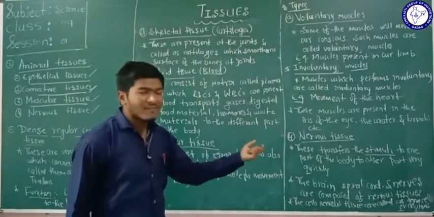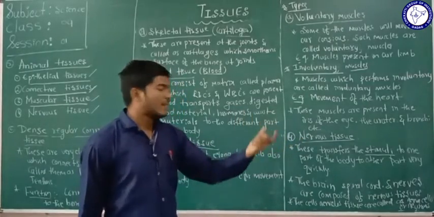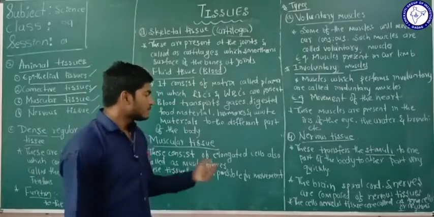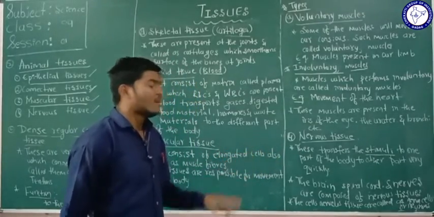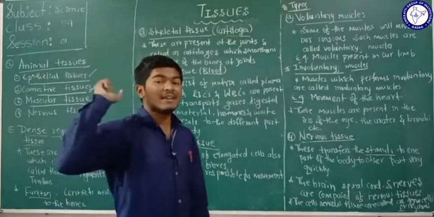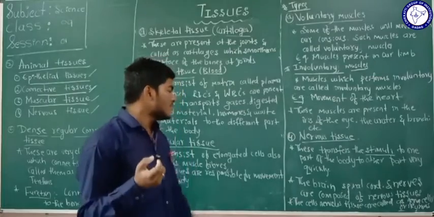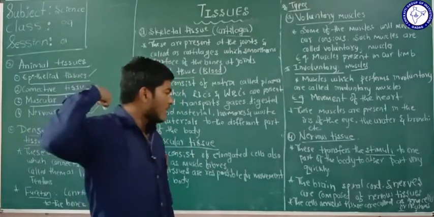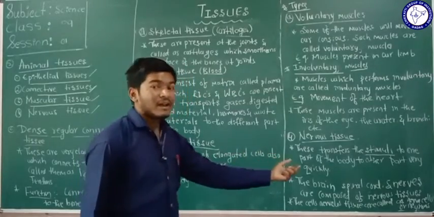So these nervous tissues transfer the stimuli from one part of the body to another very quickly. The brain, spinal cord, and nerves are composed of nervous tissues.